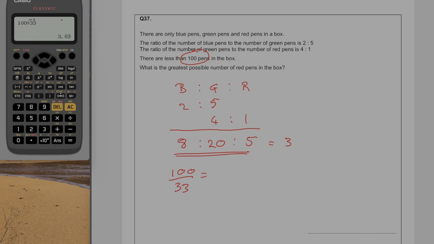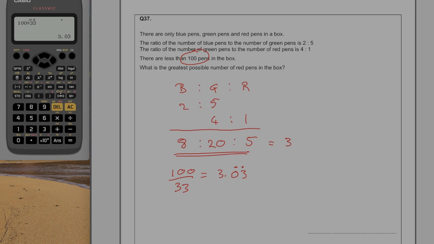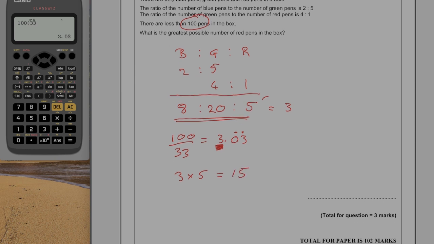That will give us 3.03 recurring. So there can be a maximum of 3 sets of the ratio. We only want the greatest possible of red, so that's this part here. So we're going to do 3 times 5, which equals 15. So there can be a maximum of 15 red pens.